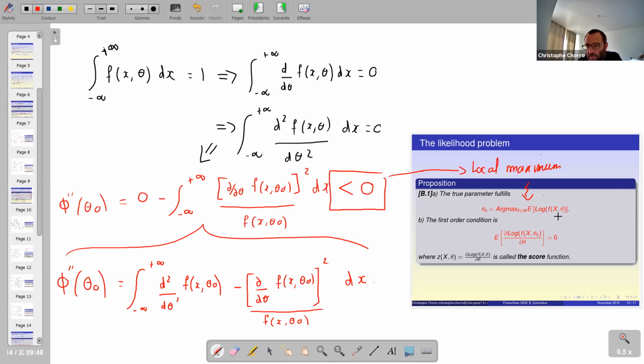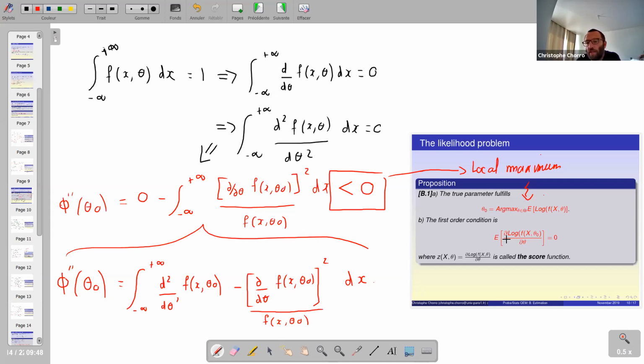And in practice, a priori, in order to find theta 0, I have to solve the Euler condition, that is the first order condition when you have an optimization problem. And we have proved, computing the second order condition, that it is really, at the very least, a local maximum here, because the second derivative at theta 0 is strictly negative.